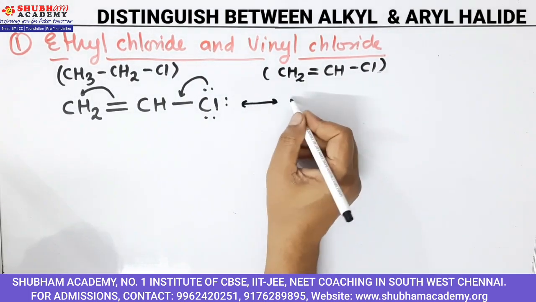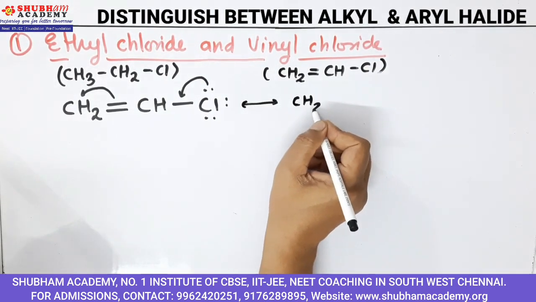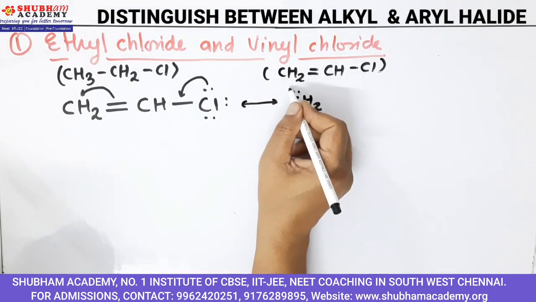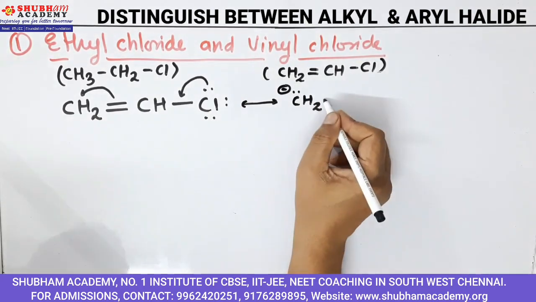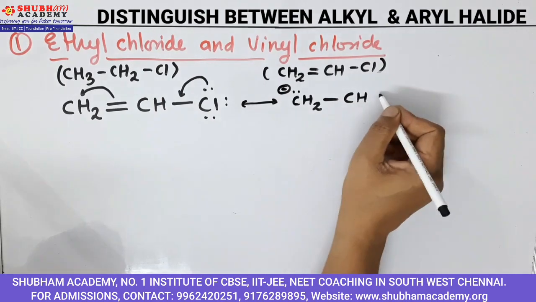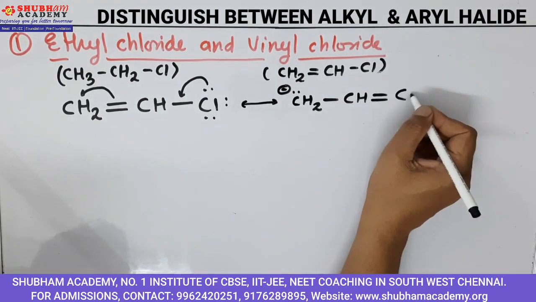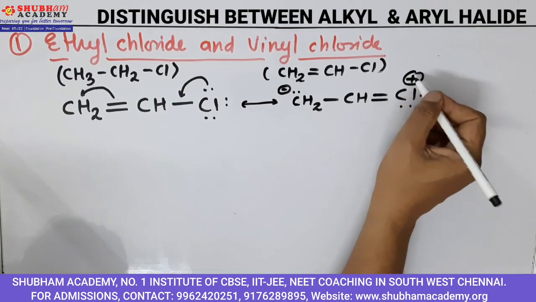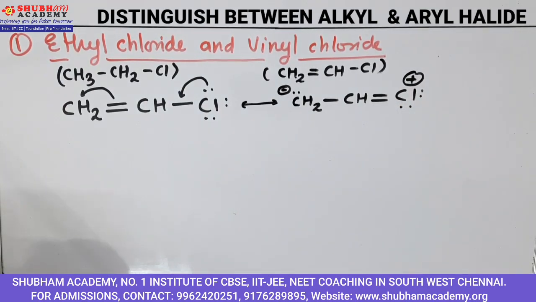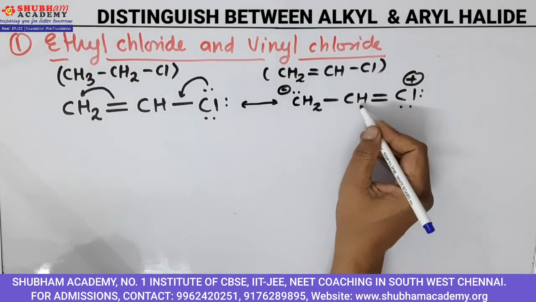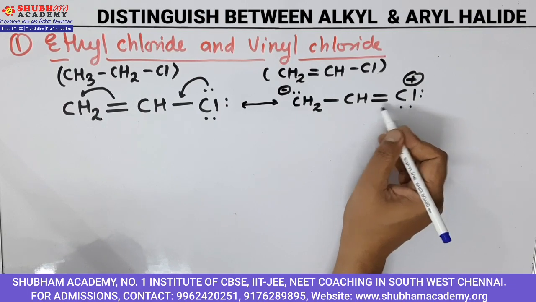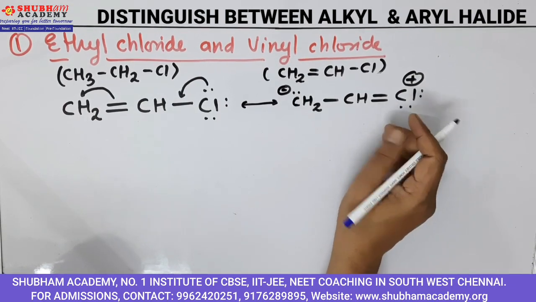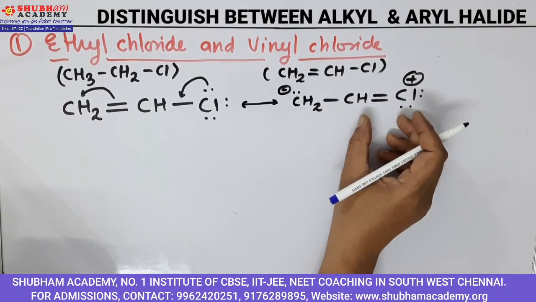So you will get CH2 minus CH double bond Cl, and here a positive charge, right. So due to resonance, you can see here that the bond between C and Cl, right, here you are getting a partial double bond character.